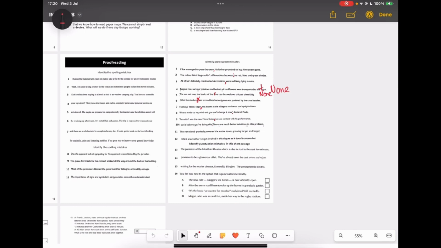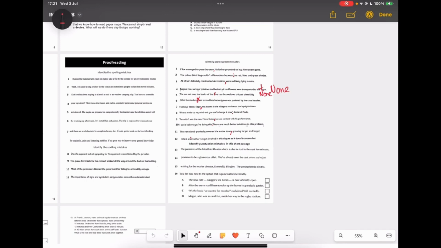11. The rain cloud gradually covered the entire town, growing larger and larger. This one, gradually covered the entire town, growing larger and larger. It should be a comma here instead. I think it should have an apostrophe, rather not get involved in this dispute as it doesn't concern her.